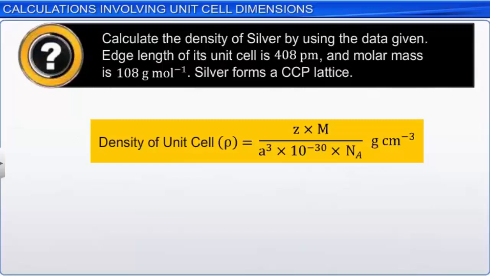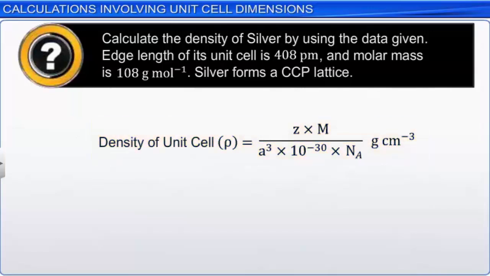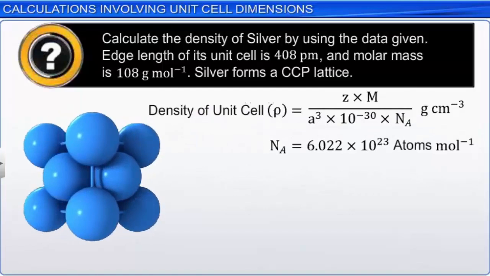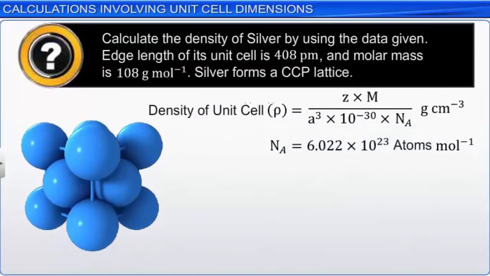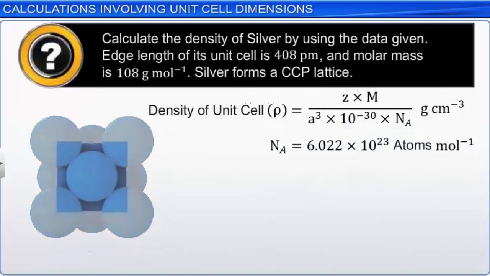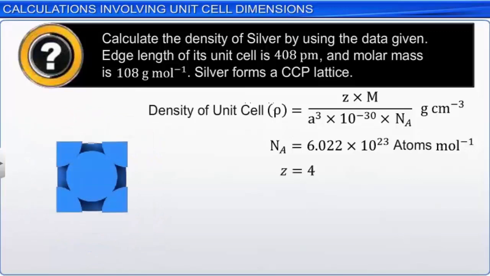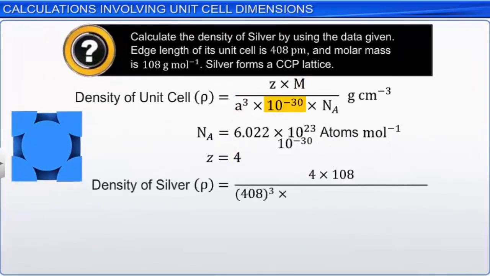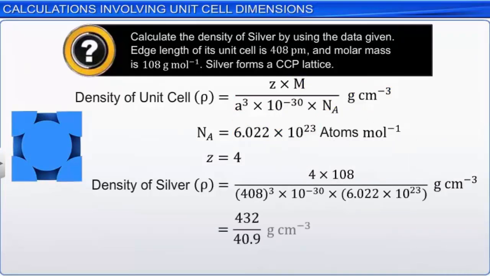For a CCP lattice, which is equivalent to an FCC lattice, Z is equal to 4. By substituting the values, we get the density of silver as 10.5 grams per cubic centimeter.